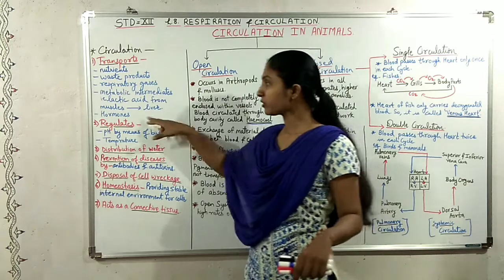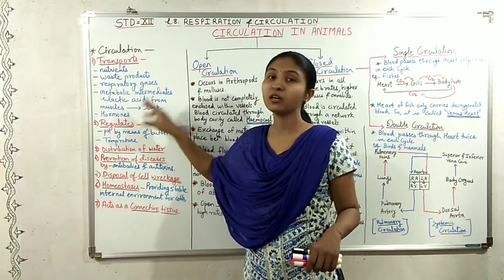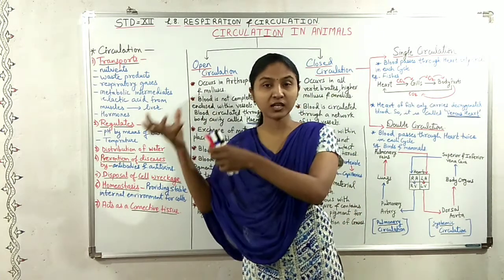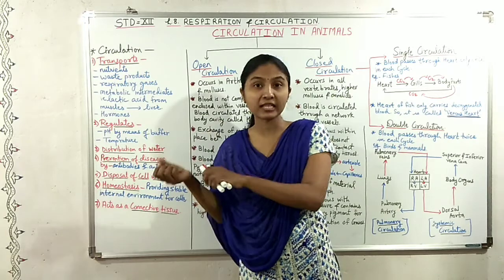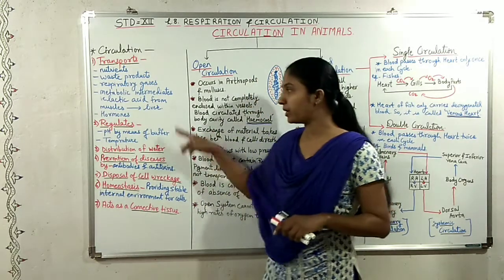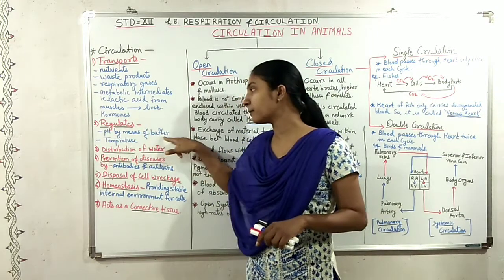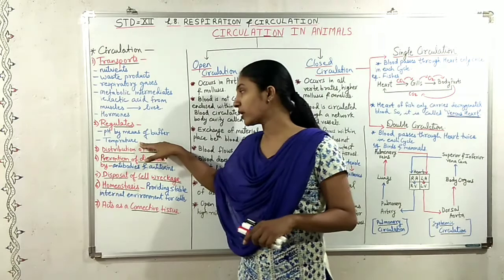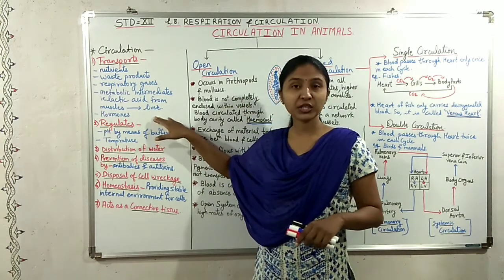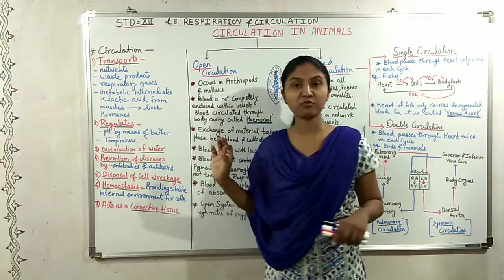liver. Also, the hormones are transported by the circulatory system from the hormone producing glands to all parts of the body. They are circulated by the blood. The next is regulation of pH by means of buffer and also regulation of temperature. This circulation helps in regulation of pH by means of buffer.